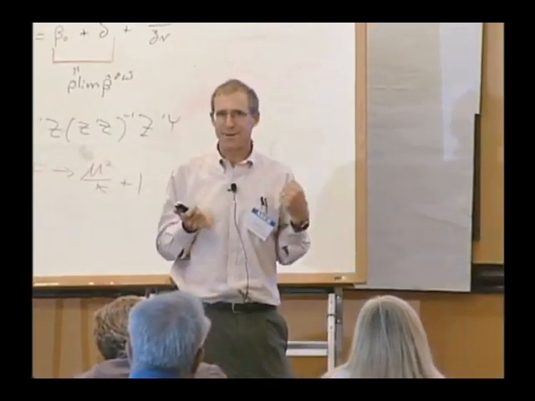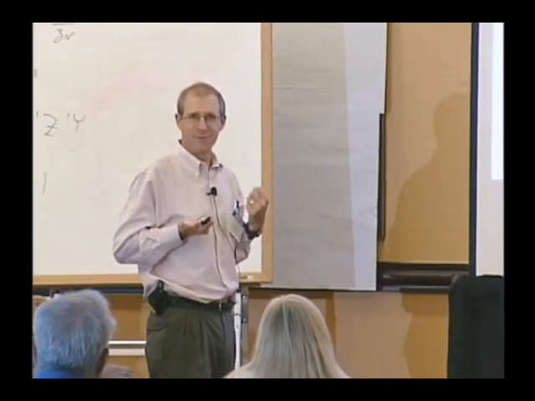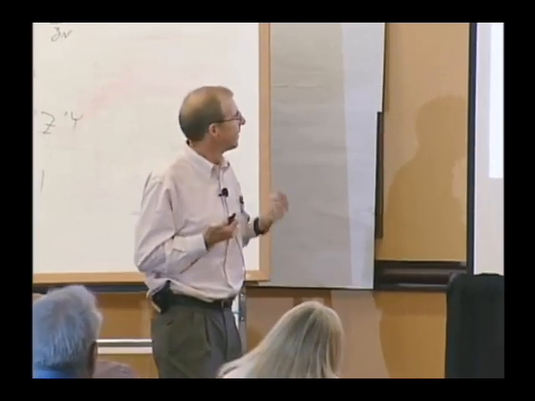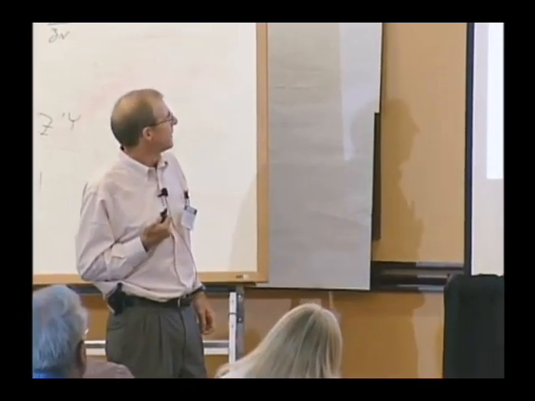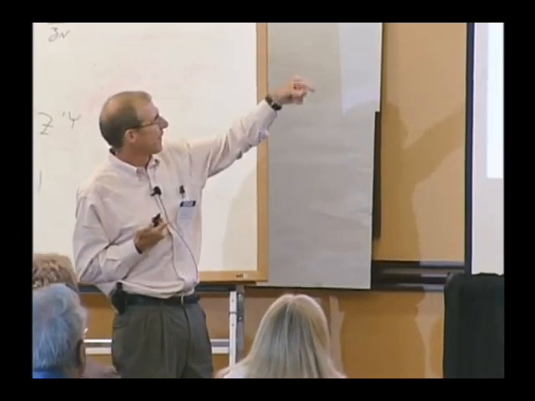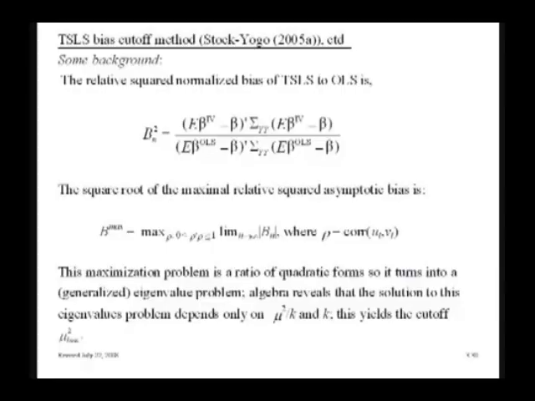Turns out that's tractable. That's one thing you can say for it. So you can write down this formula here, and that's looking at the ratio of the two-stage least squares estimator, or the IV estimator, normalized, to the OLS estimator.